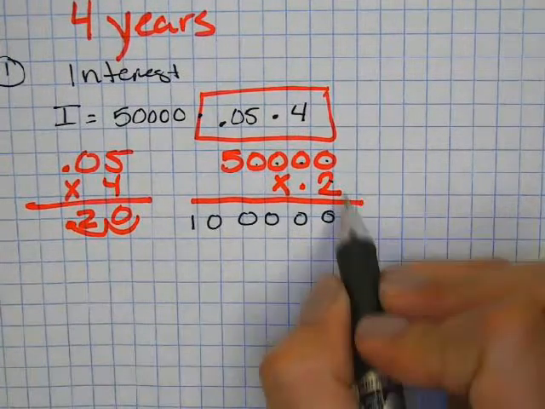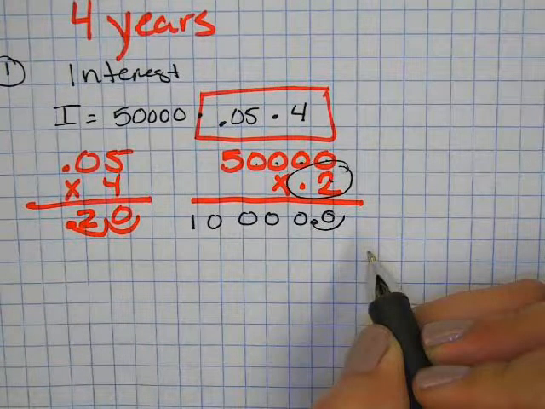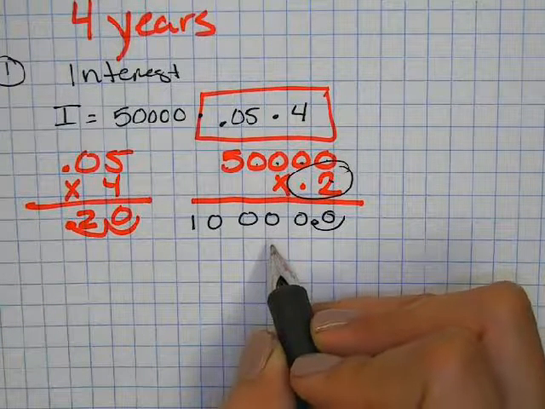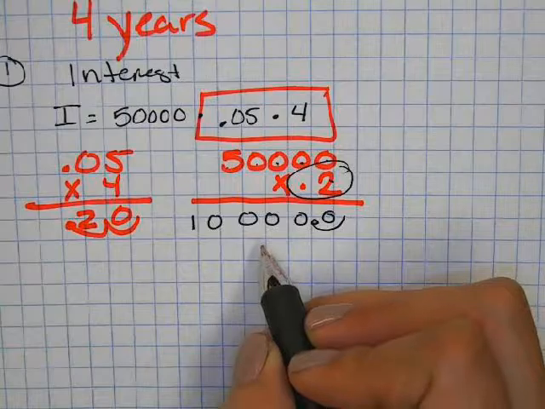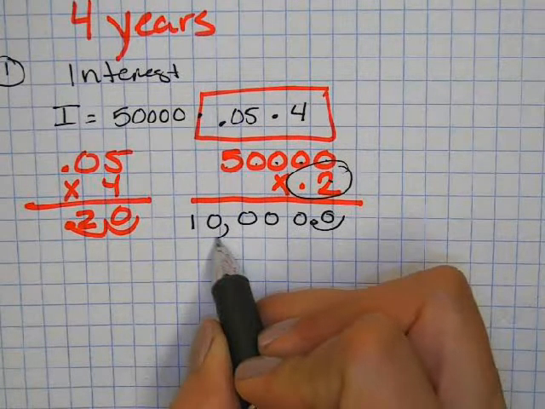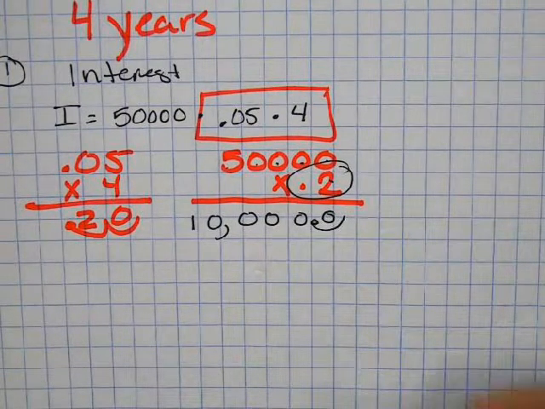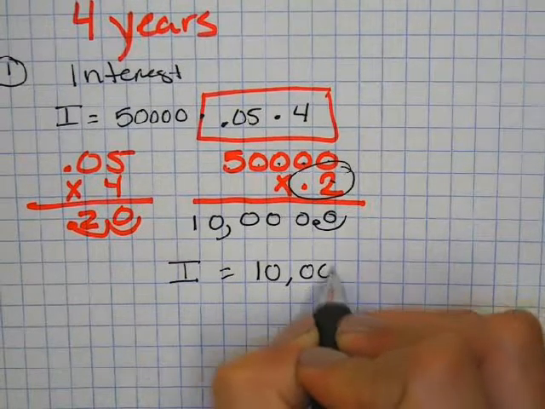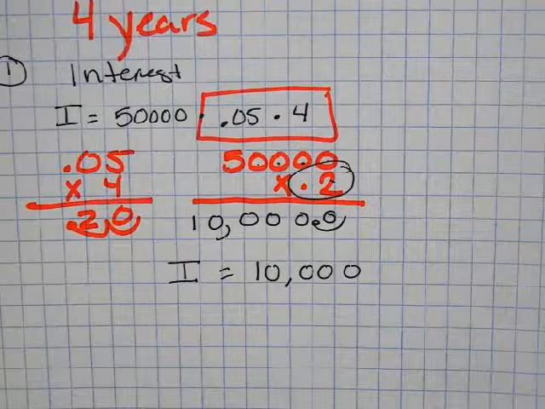How many times do I move it? Once. Does anybody know how many zeros you have before you add a comma? So 1, 2, 3, comma. Right? So that's your interest. Your interest is equal to $10,000.